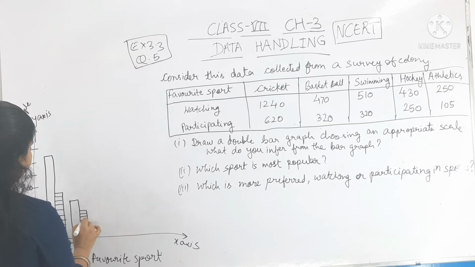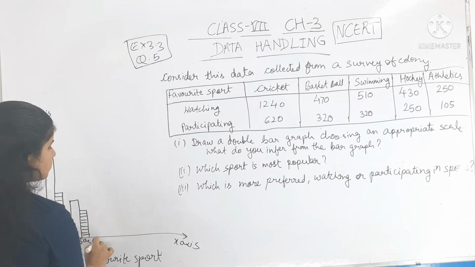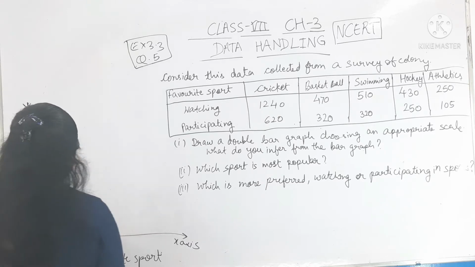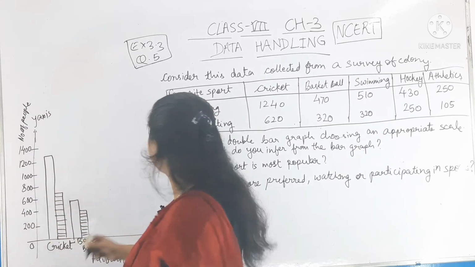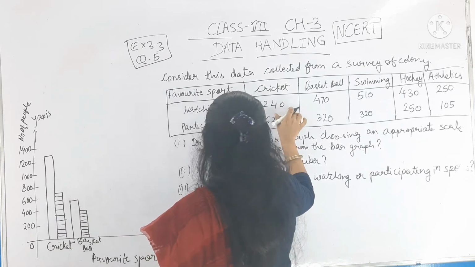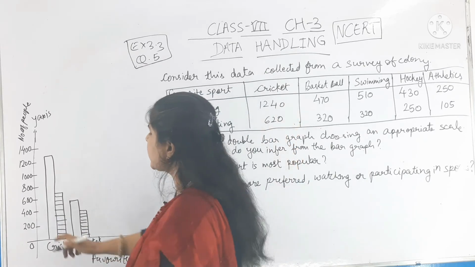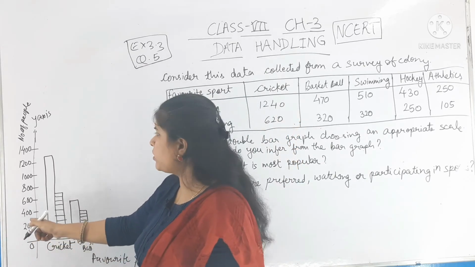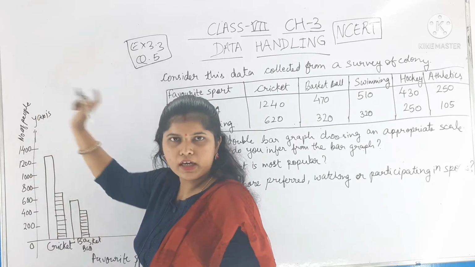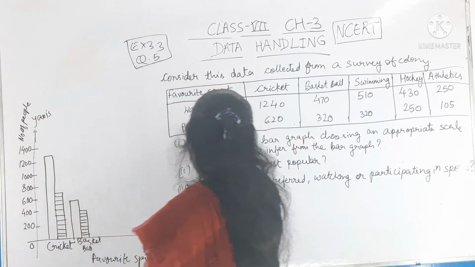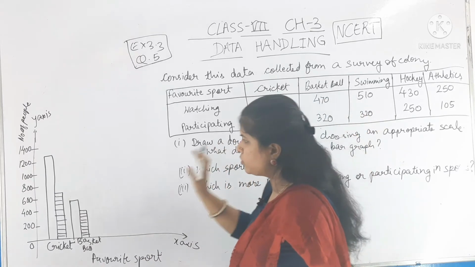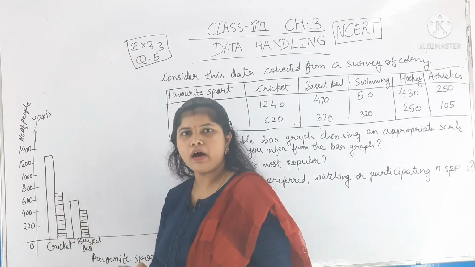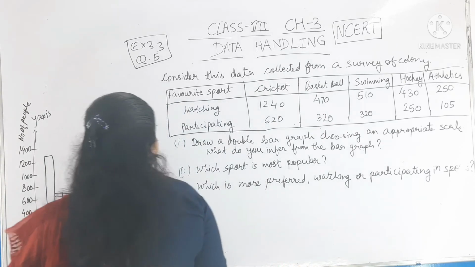Like this for the basketball. I had scaled for 200 because it is 1240. If we scale 10 centimeter, it will go very high. So you have to see what number is given, and according to that you have to scale the bar graph. Okay, this is the basketball.